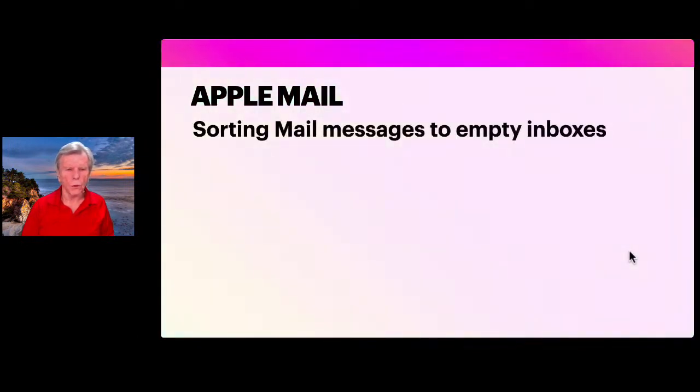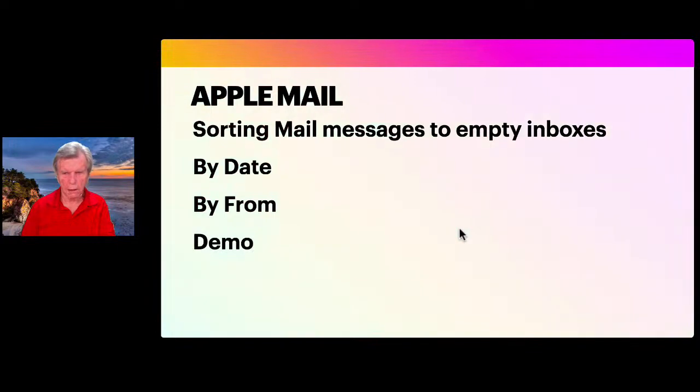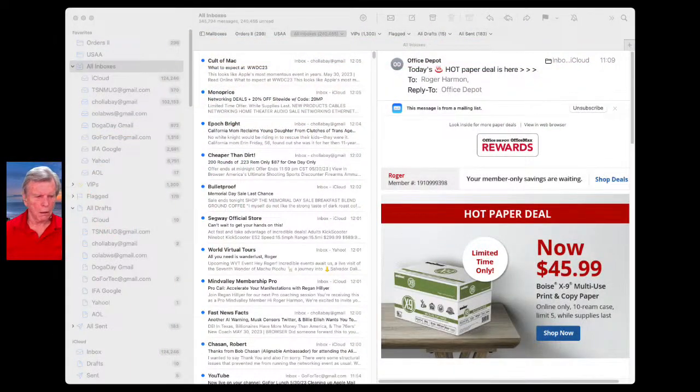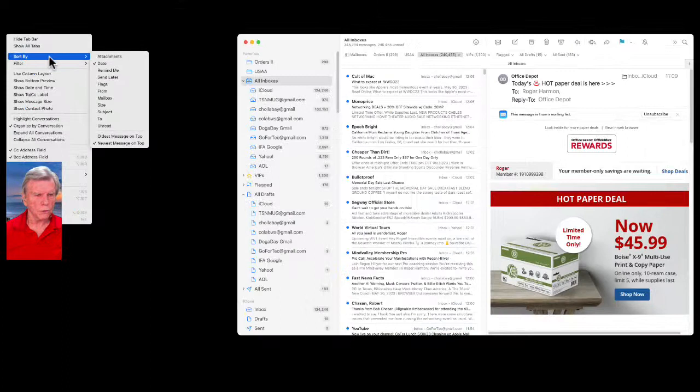So the reason we want to sort through the mail is to get rid of messages that are cluttering up our inboxes. So we would do that by a first pass by date and then a second pass by from. So let's see what that looks like. So here we are in our mail program. So our first pass, now we would go up here to View, Sort By, date is already checked.